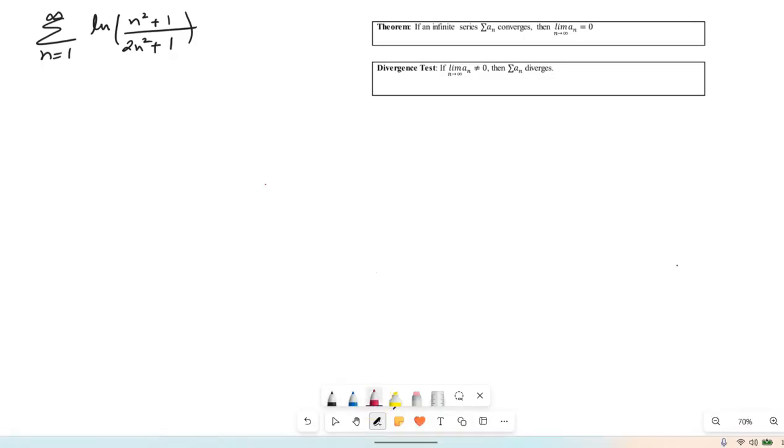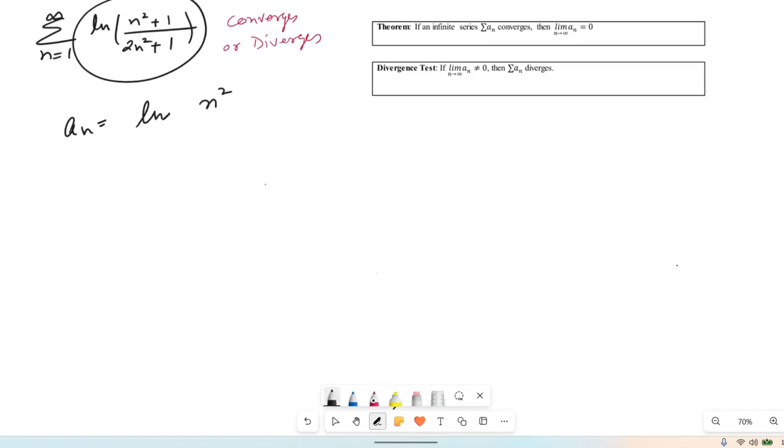We have this series which we want to check if it converges or diverges. The question is, does this converge or diverge? Let's write down the general term. The general term an is natural log of (n square plus 1) by (2n square plus 1).